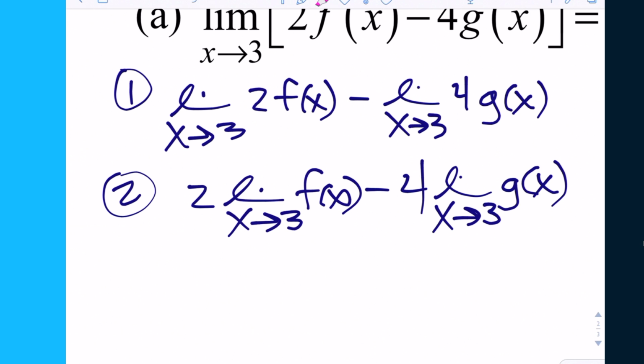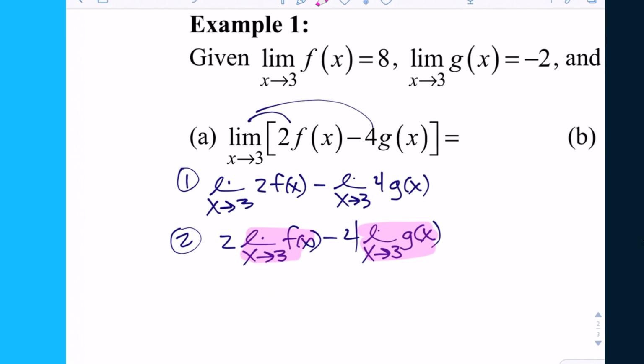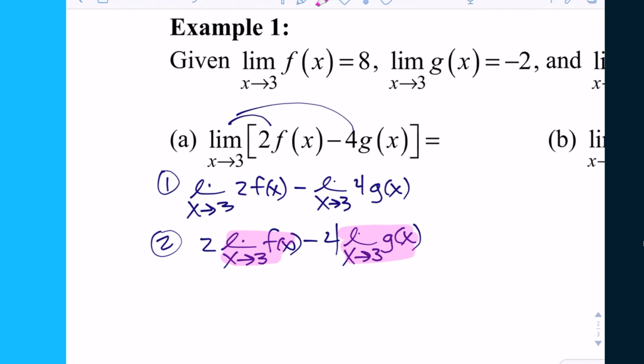And with that written like that, I can now focus on these pieces of information, which of course were given up here. And so now I can substitute. So this becomes 2 times, and what is the limit as x goes to 3 of f? It says it's 8. And then the next one would be minus 4 times the limit as x goes to 3 of g, which is -2.